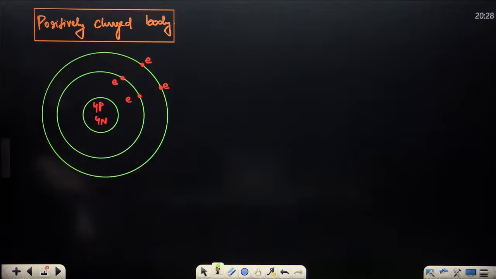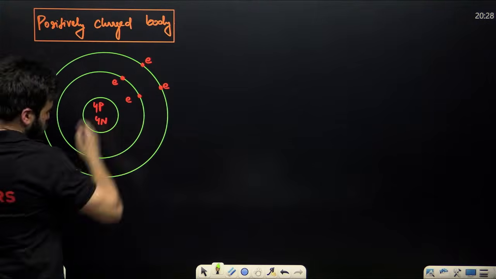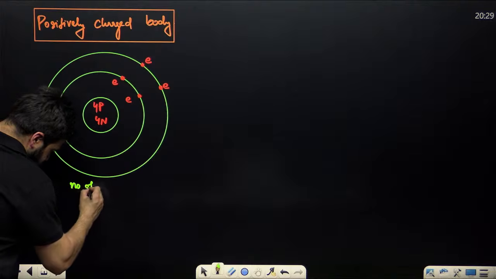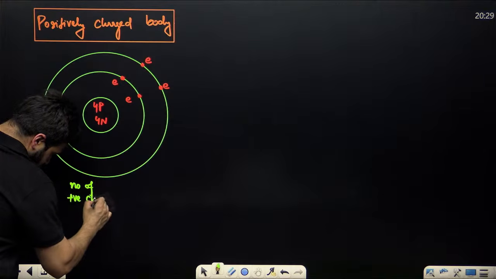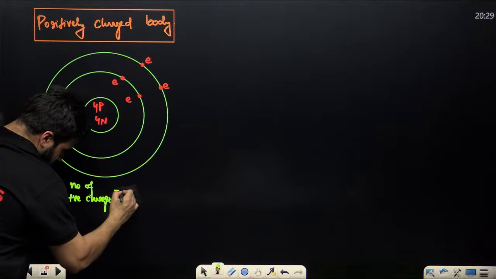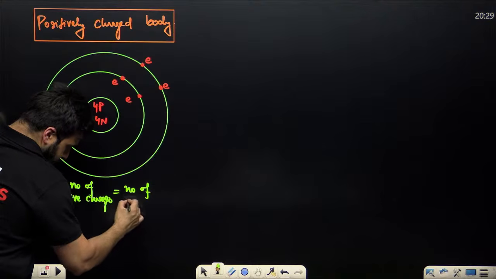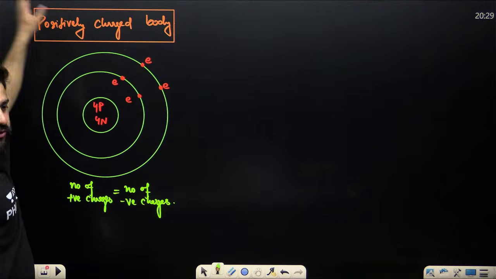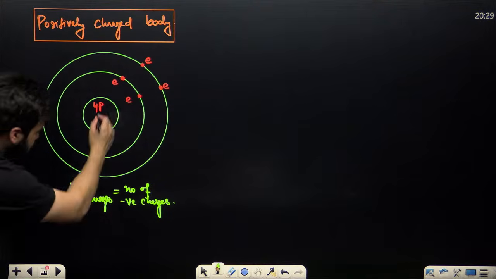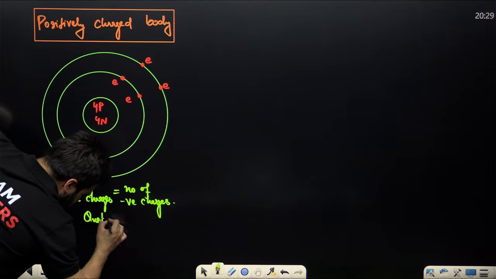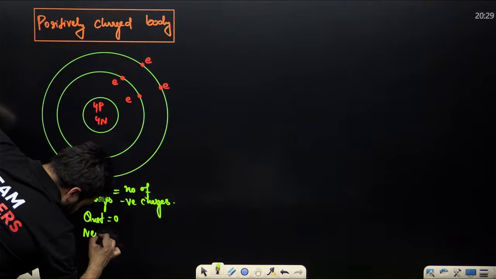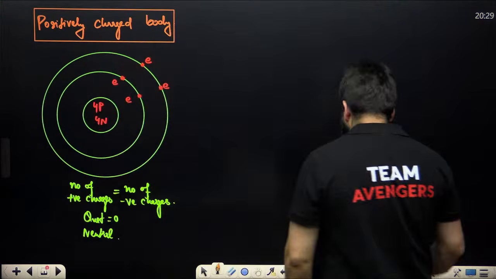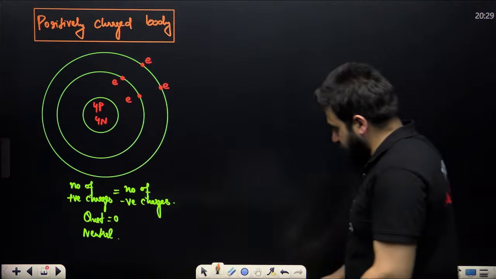You say, sir, 4 positive charges. How much is the negative charge? 4. So we say over here, the number of positive charges is equal to the number of negative charges. If the number of positive charges is equal to the number of negative charges, I can say in this particular case, net charge is 0. So this is what we call a neutral atom, a neutral body. This is how we define neutral: equal amount of positive, equal amount of negative.